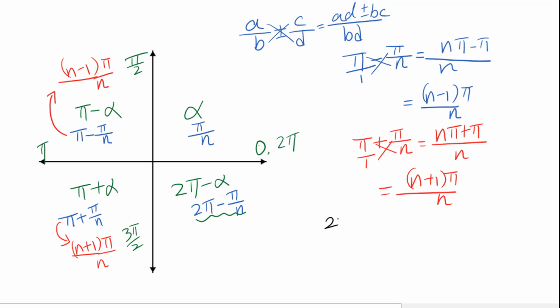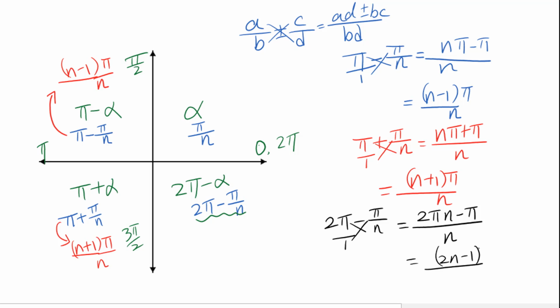I have 2 pi minus pi over n. This is over 1. The denominator multiplied will be n. Cross multiply, you will get 2 pi n minus pi. So we take a pi out, you will get 2n minus 1 pi over n.